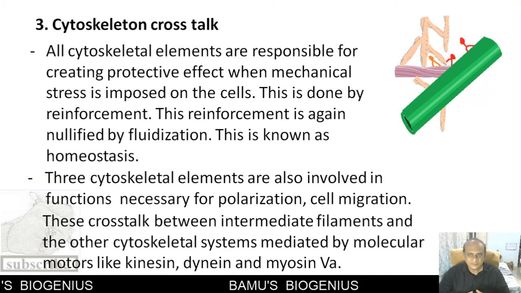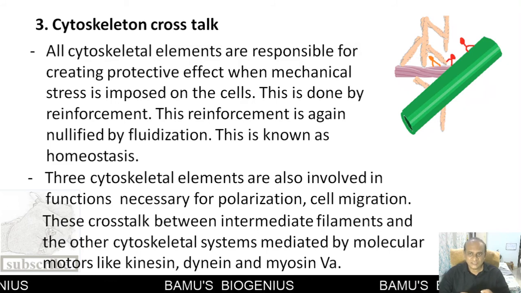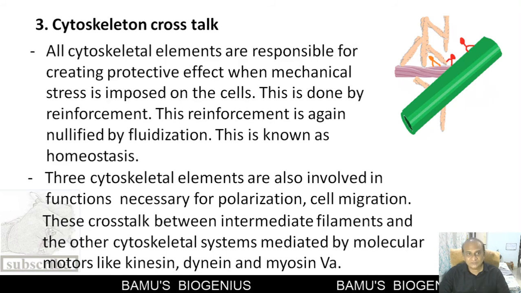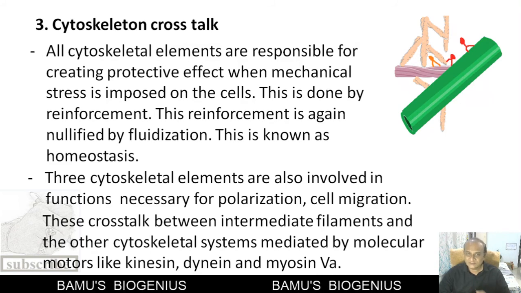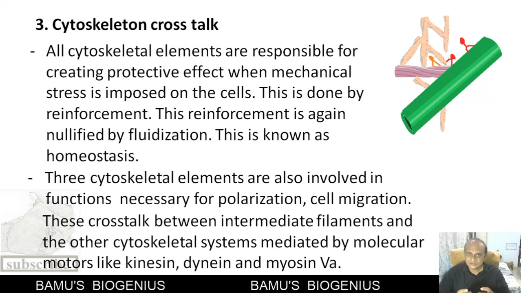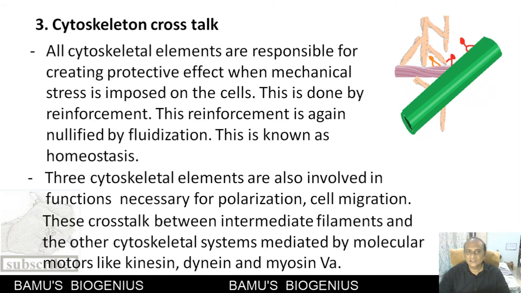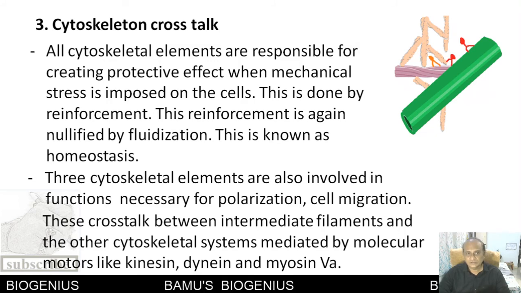So in such cases, fluidization, that means relaxation of these reinforced cytoskeletal elements, is also necessary. All these things should be done. This is known as homeostasis. So this homeostasis should be done in the cytoskeleton, and that is done while doing the crosstalk.